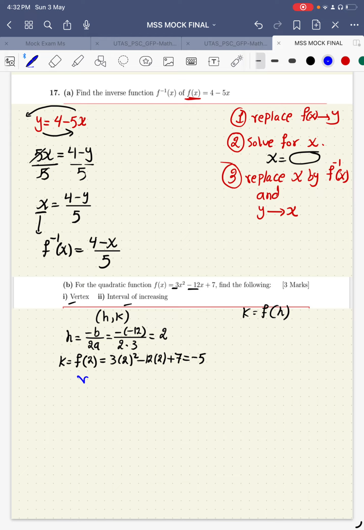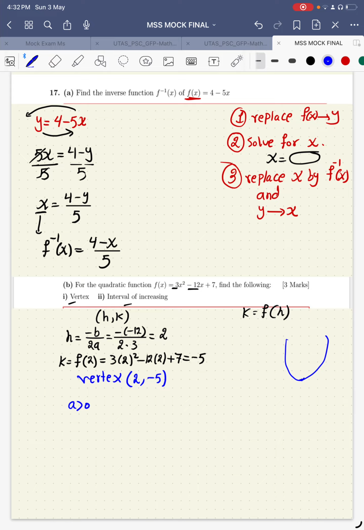So the vertex is going to be h, which is 2, and k, which is minus 5. Now they want me to find the interval of increasing. Remember, we have two cases. The first case: if a is greater than 0, if a is positive, then my parabola is going to open upward. Why? Because a is greater than 0.